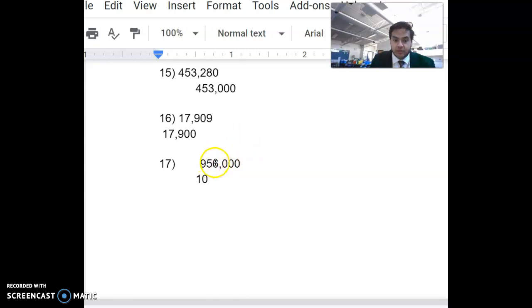So I have 1, 0, 2, 0, 3, 4, 5. 5 more zeros. Now the 6 becomes a 0, so I have 1 more 0. And the 5 becomes a 0. And the 9 becomes a 10, so I have an additional 0 added.